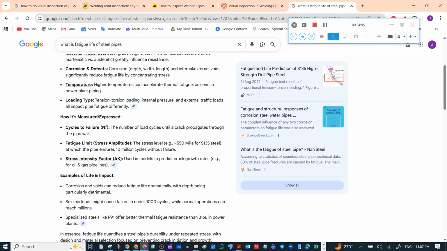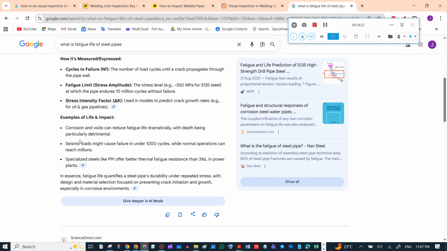Fatigue limit is the stress amplitude, for example 550 MPa for S135, at which the pipe endures 10 million cycles without failure. Stress intensity factor is used in models to predict crack growth rates, for example for oil and gas pipelines. Corrosion and voids can reduce fatigue life dramatically, with depth being particularly detrimental. Seismic load can cause failure in under 100,000 cycles, while normal operations can reach millions.